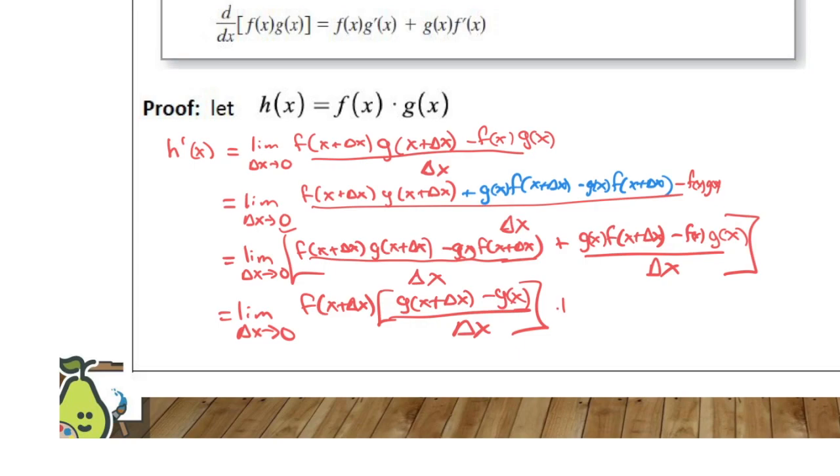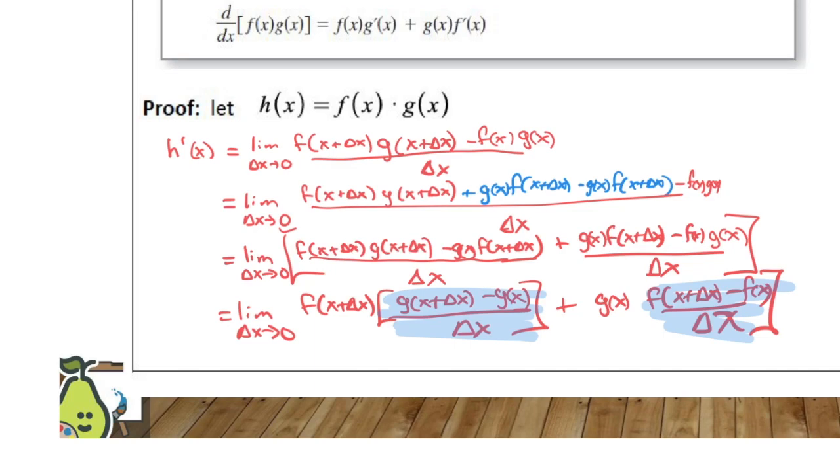And the other expression is going to be g of x times f of x plus delta x minus f of x, all again divided by your delta x. Now, if you look closely, what I hope that you see is that this portion and this portion are the definition of the derivative.